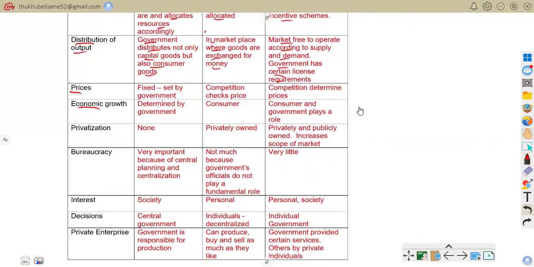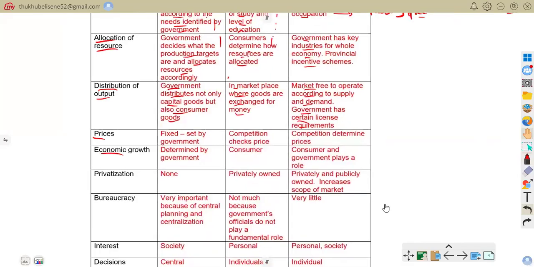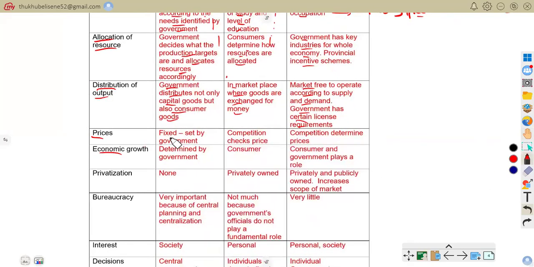Now let us move on to prices. Under planned economy, prices are fixed and determined by government. But under a market, competition checks price, and prices are determined by supply and demand.